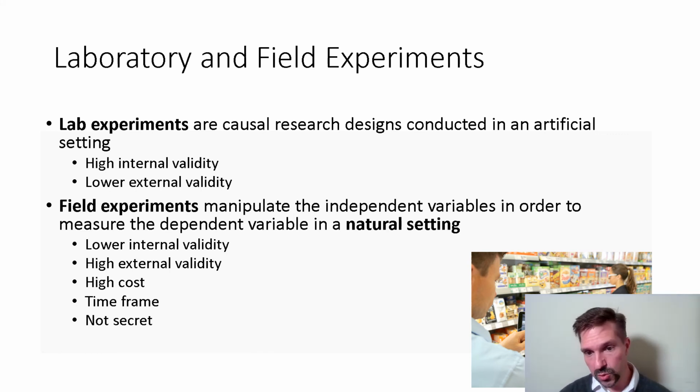A typical example of this would be a test market, which I will discuss in a little bit more detail on the next slide. Okay. Now, what is the advantage of a field experiment? Like I said before, high generalizability. You are in the wild, so because of that, applying what you did in this city to the entire market might actually make sense, right? Because maybe that city is representative of what happens elsewhere, right? Now, what are the downsides of that?